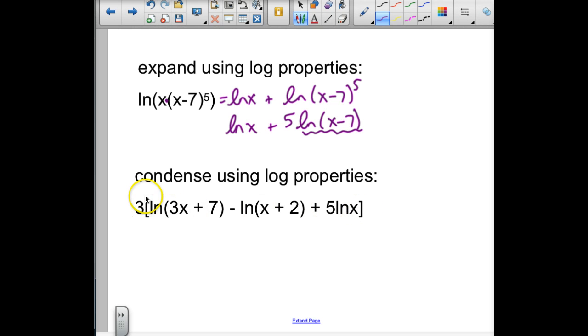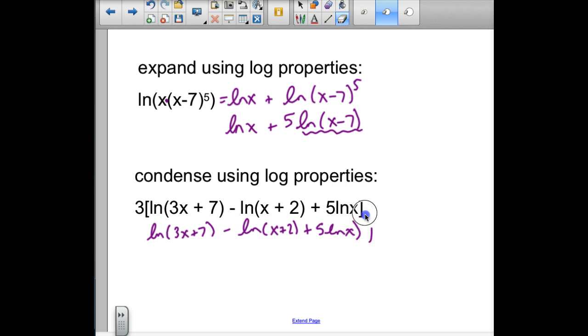So that means that 3 is basically a power out here. So we can put the power out in front first. Take the power out in front and put it, oop, I don't need that parenthesis there. We could put it on this whole thing here.